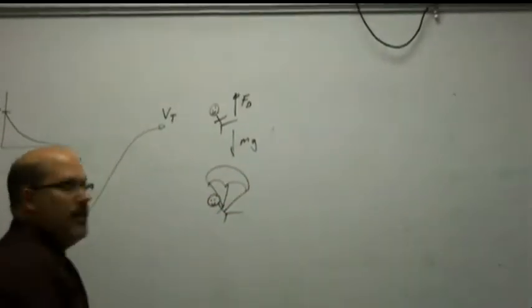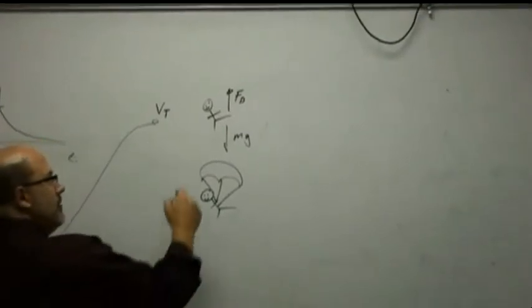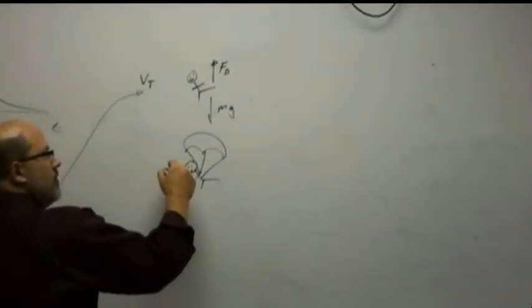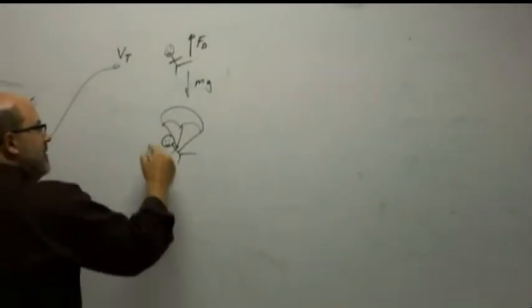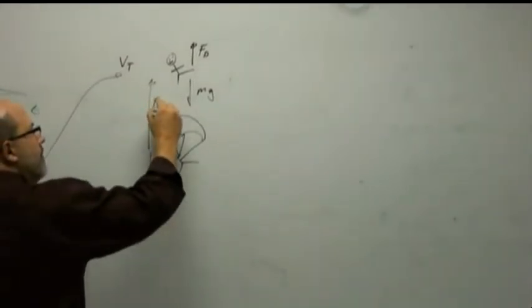When they pull their chute, what happens? Their drag goes up. Their mg stays the same, but drag goes way up. And then they slow down, because they accelerate up as they're falling down, which means they're slowing down. They're slowing up on their way down.